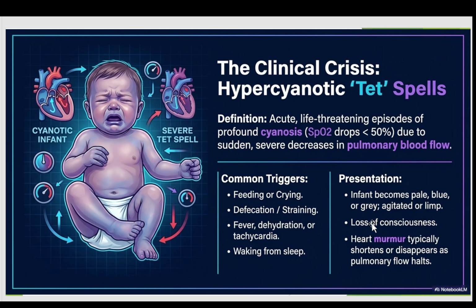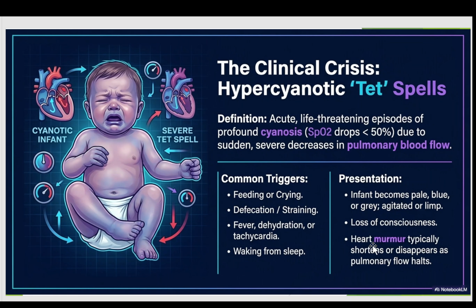The child may be so hypoxic that he can lose consciousness, and because at this point there is very little blood flowing through the pulmonary segment, very little murmur is audible. So this is the vicious cycle of TET spell that is commonly asked in the exam or viva.